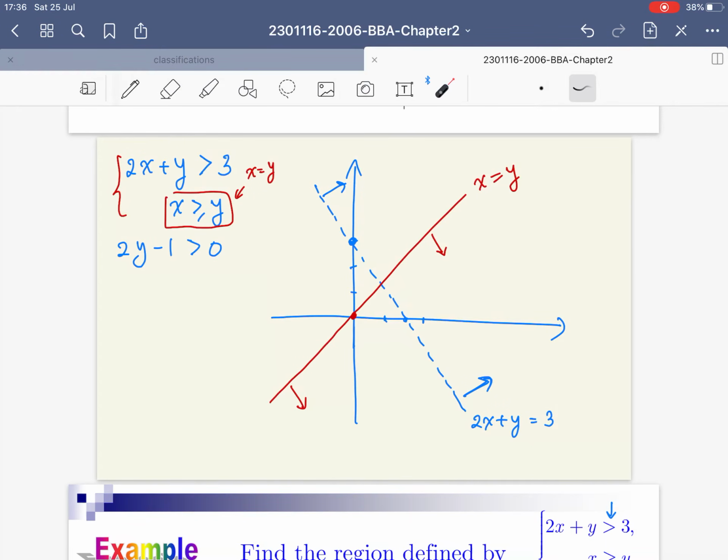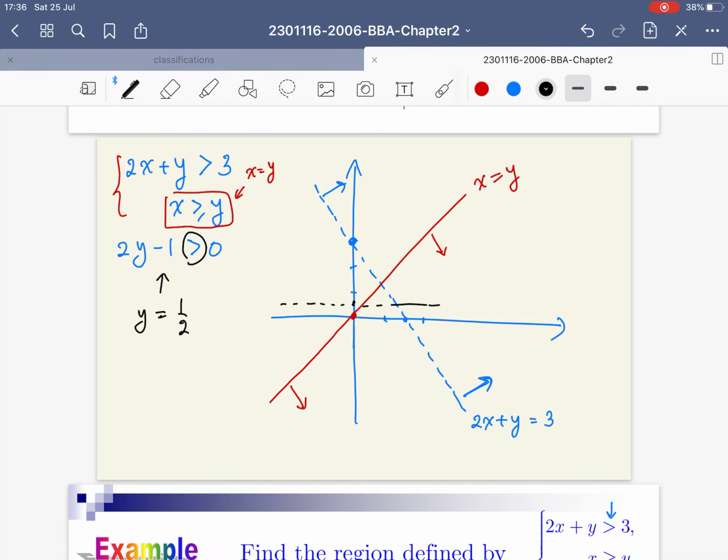And we cannot really ignore this point because we are going to draw the third one. The third one is actually y equals 1/2, right? So just pretend that it is equal first. From the picture you may see that it should be somewhere here, something like that.